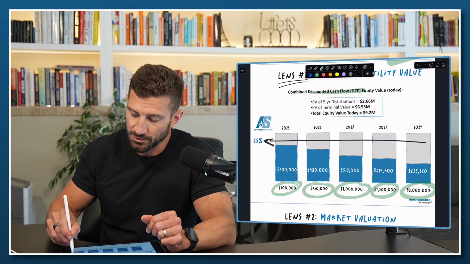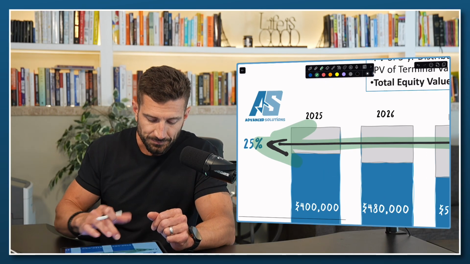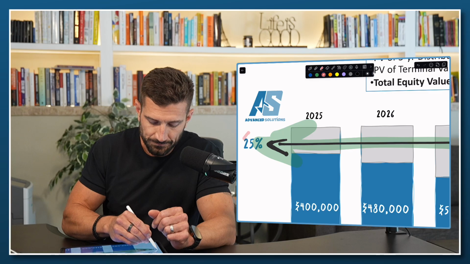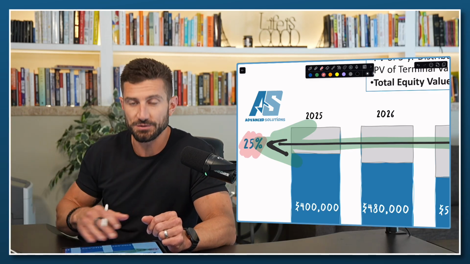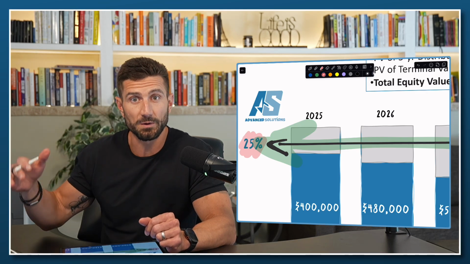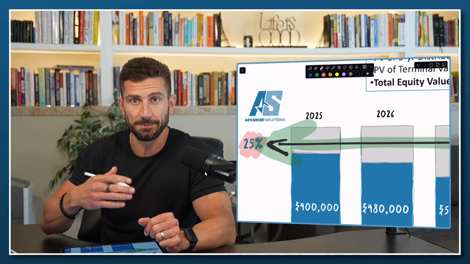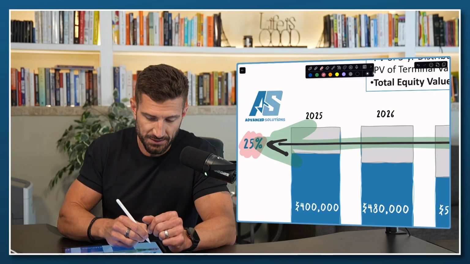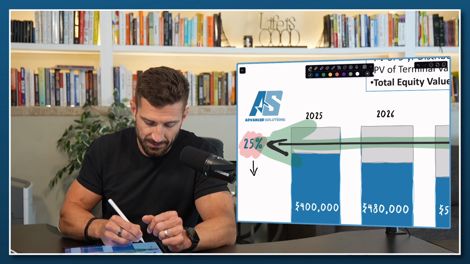We take that stream of distributions and then we discount it to today based on a percentage that is based on the risk of those future cash flows. And there's a lot of things in the first and second lens about how do we actually de-risk that cash flow and how do we increase that multiple by decreasing this.